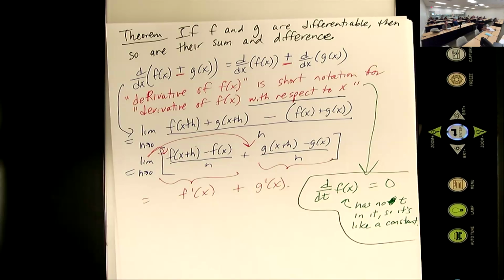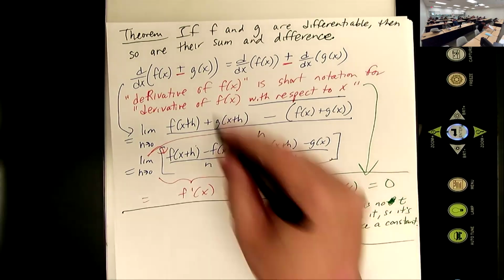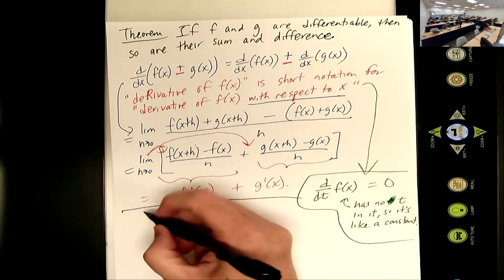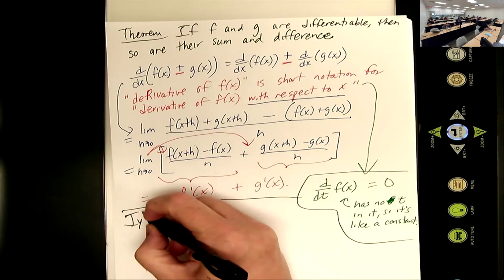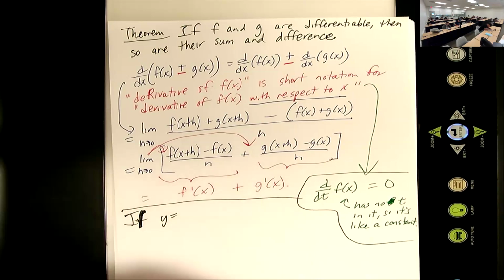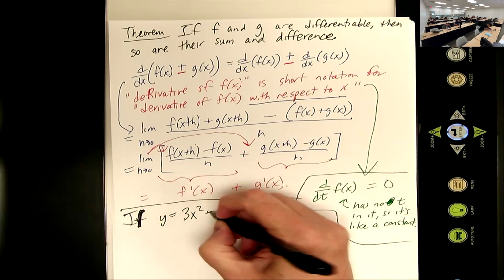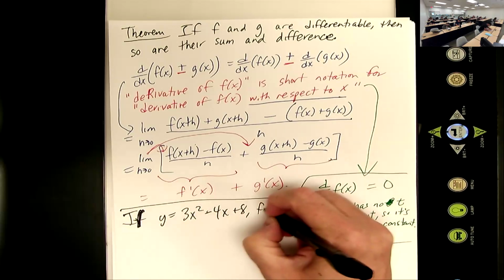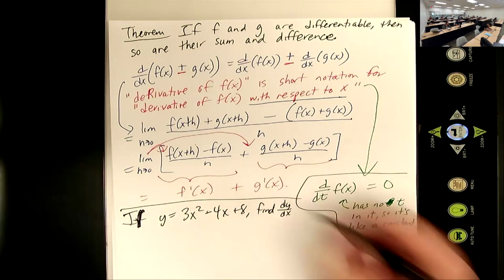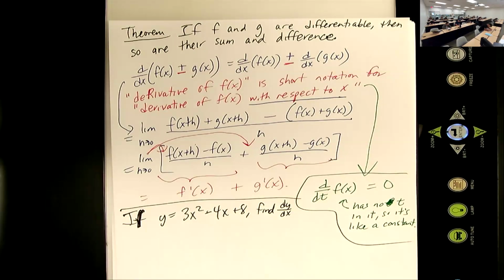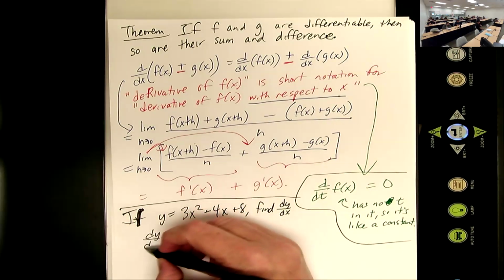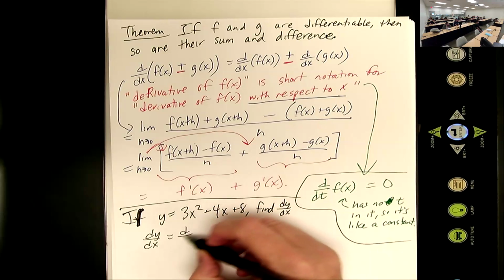Let's find dy dx. Let's give you guys an example. Find dy dx if y equals 3x squared minus 4x plus 8. Now, the slow way of doing this: when you take the derivative of this, you do the derivative of each term.